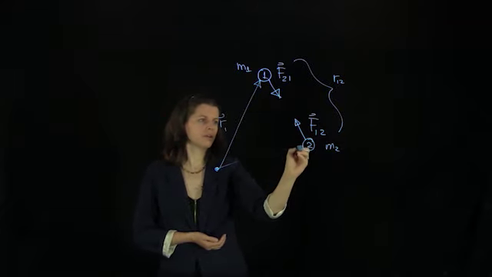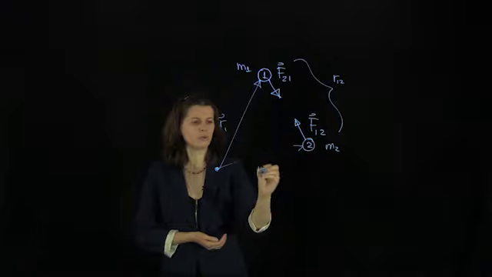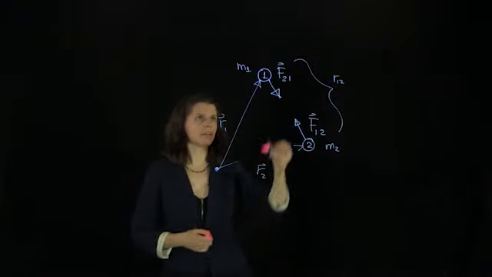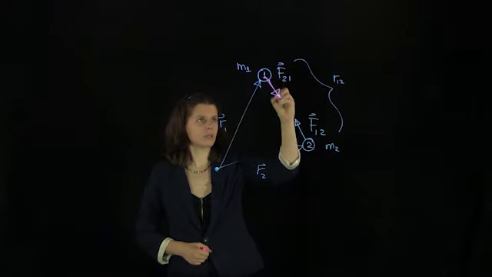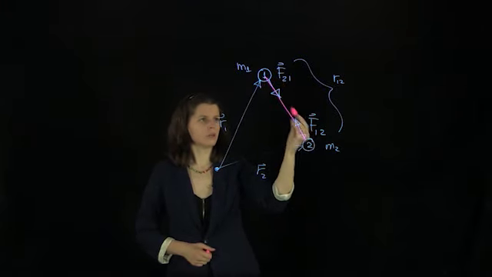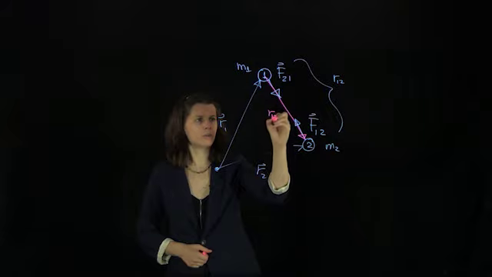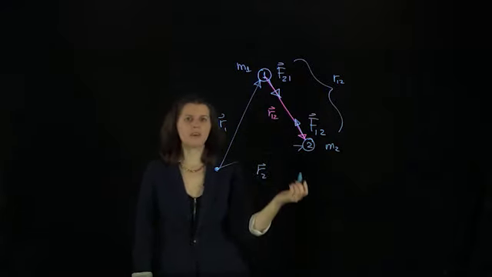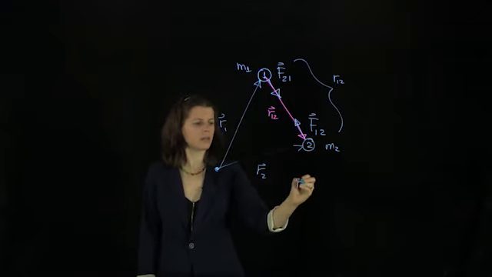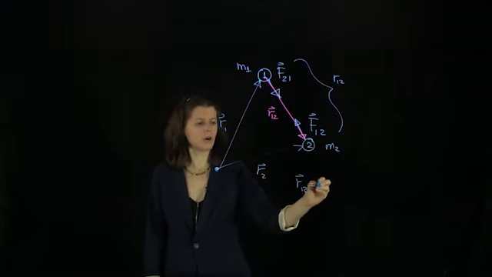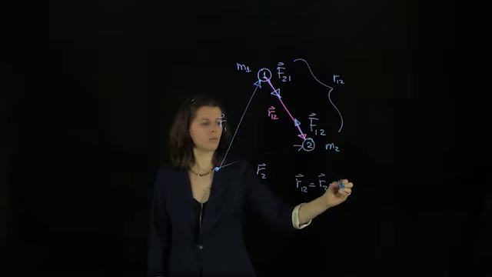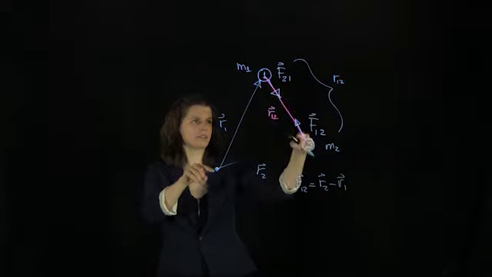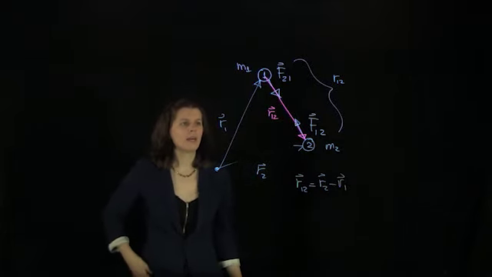And then we have here R2, which also means that the distance between object 1 and 2 is R12. And we know from vector decomposition that R12 equals R2 minus R1. So just this minus this gives us this distance here.